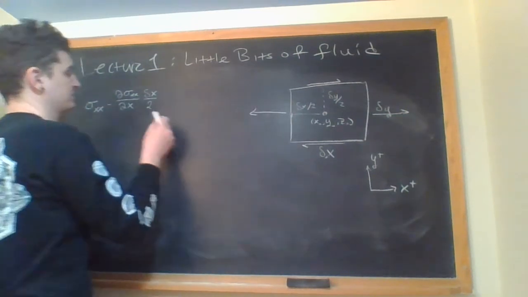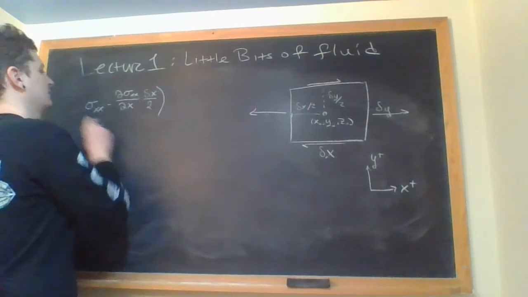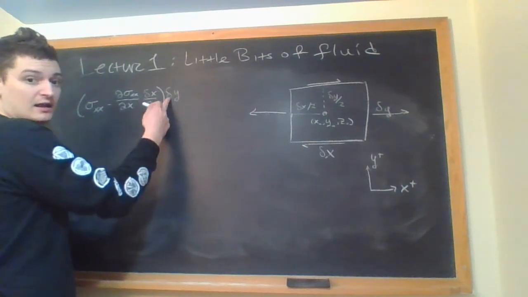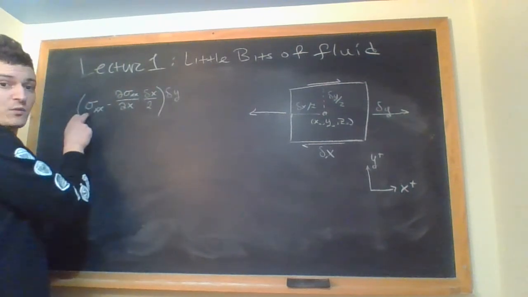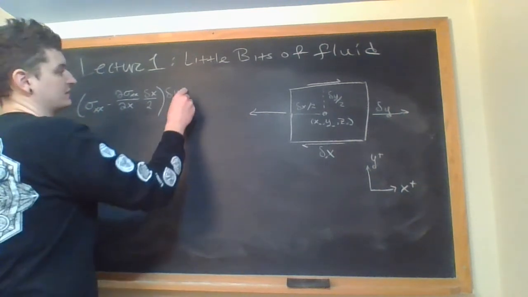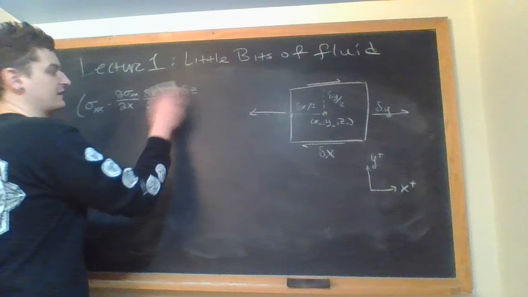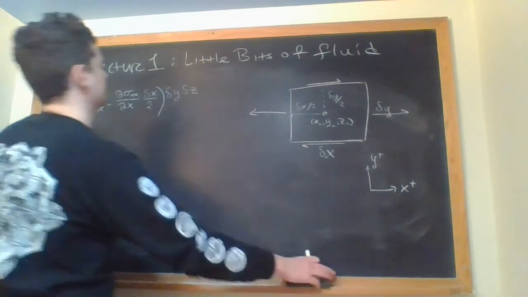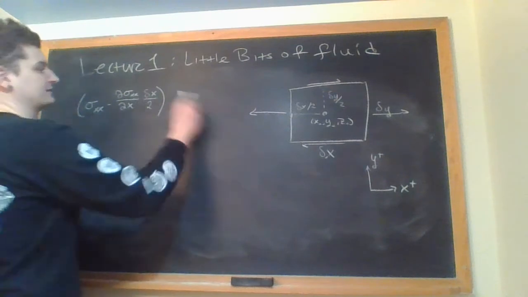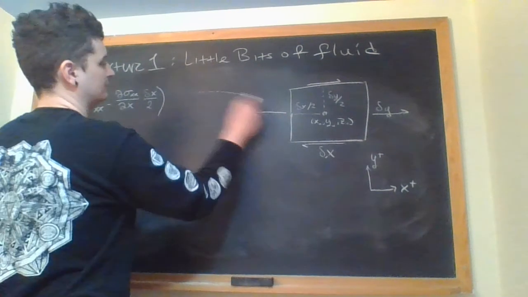Remember, it's divided by 2, something kind of nice happens there. And then multiply this entire thing by a dy, because this is a pressure, which is a force divided by an area. If you do it in 3 dimensions, you would multiply by this, so now you have area, right? So that works out. And that's going to be this one right here.